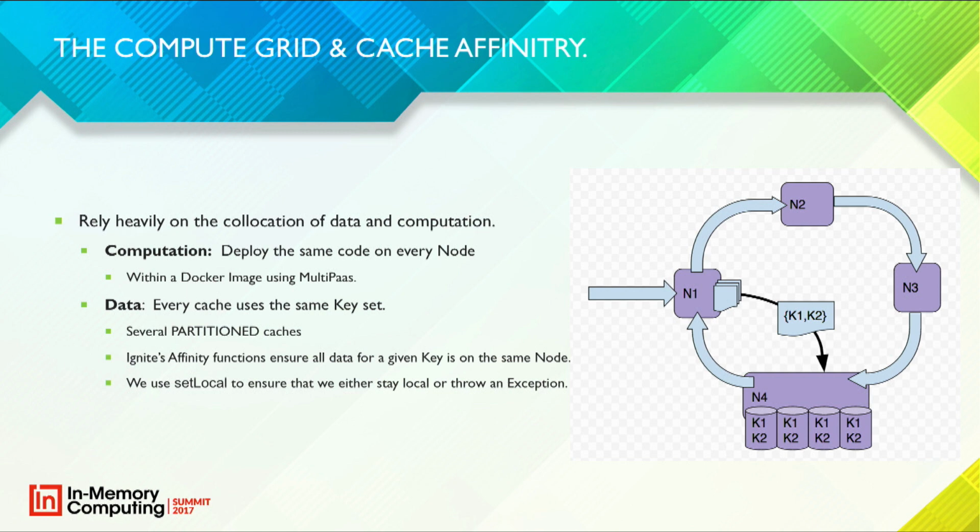That means all the data you need is co-located. We rely on that heavily for this to work in our system. And we use a flag that you can set in Ignite called setLocal that ensures that if the data is not local, we're going to throw an exception. So it works.